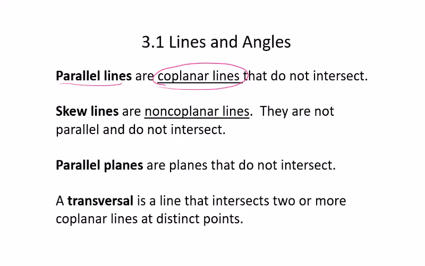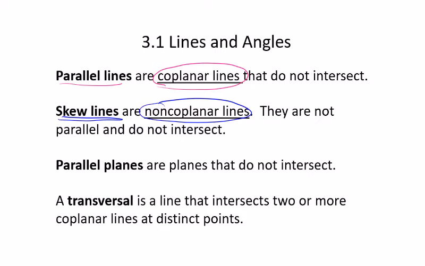Whereas there's another type of lines that do not intersect, and those are called skew. Skew lines are lines that are not in the same plane; they're non-coplanar, but they also are not parallel and they do not intersect. So an example would be two planes that are flying different directions, and they may cross paths where one flies over or under the other.